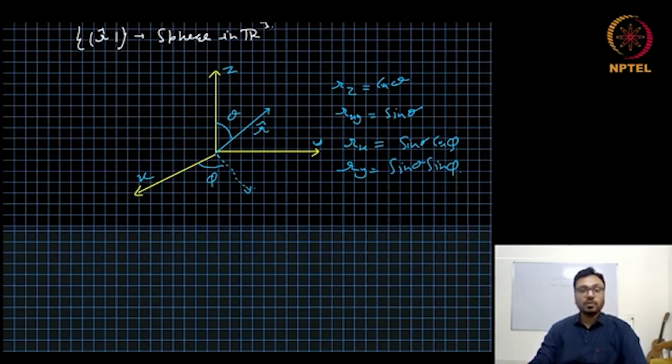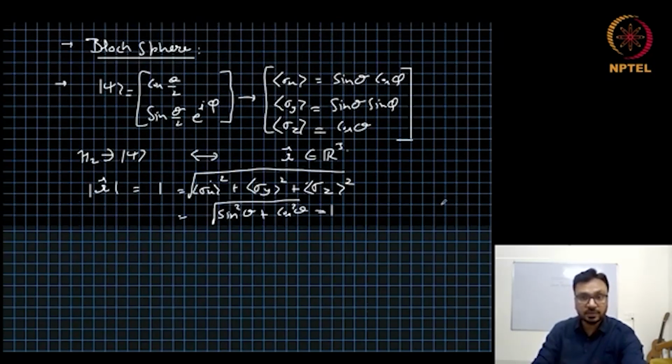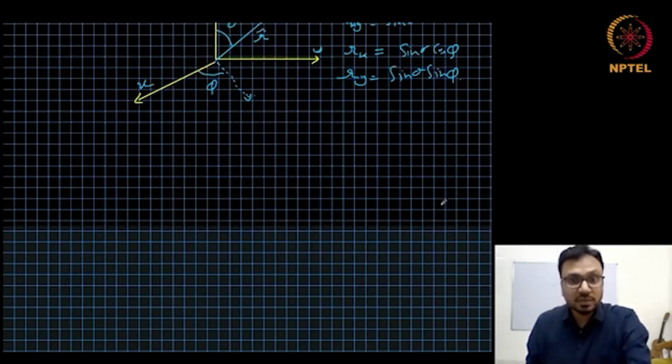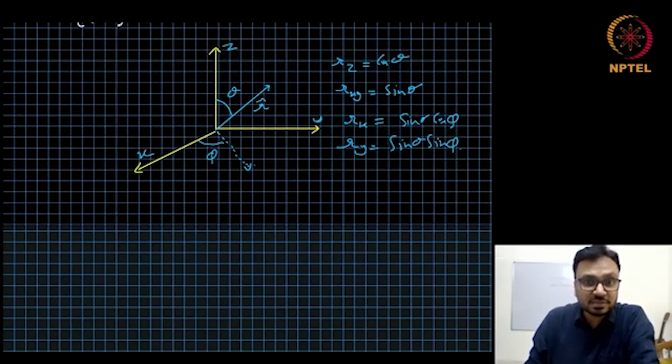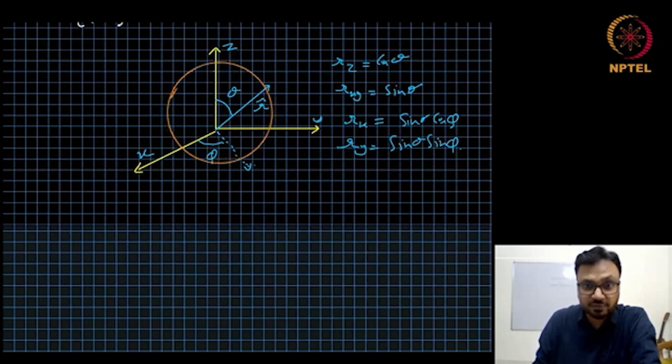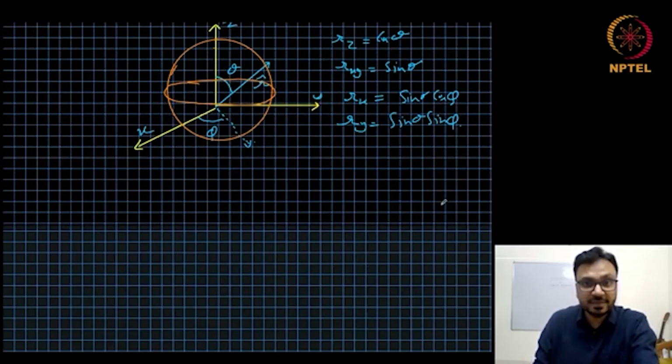So this vector in polar coordinates is represented by these three quantities: sine theta cos phi, sine theta sine phi, and cos theta. So the collection of all such vectors in a three-dimensional real space will result in a sphere of unit radius.